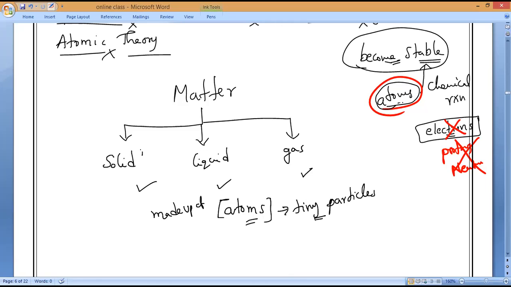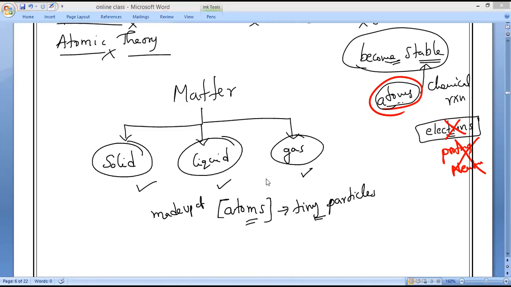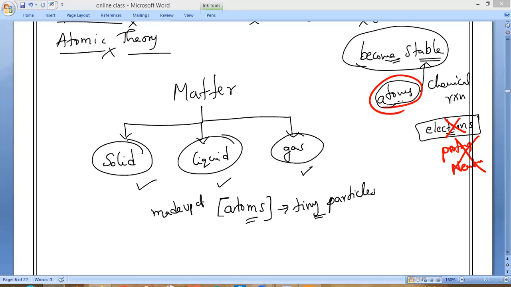Now, if you take the solids, can you tell me what is the basic difference between solid, liquid, and gas? Any one of you? Gokul, Aswin, Balaji, Yuhan, Mitakshri. How do the solids look, how do the gases look? Particles.